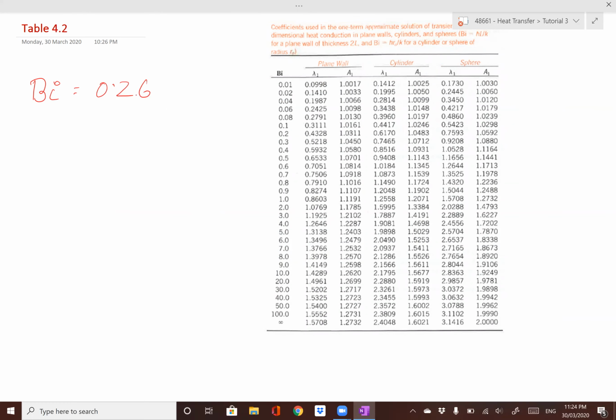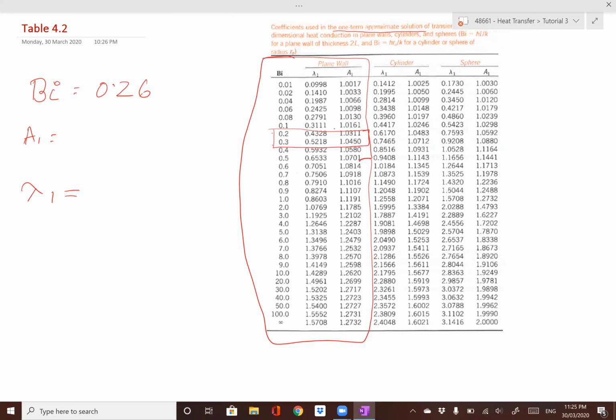For 0.26 we will find out the A1 and lambda 1 values for the one-term approximate solution. Here it is given as 0.2, 0.3, that means in between these two. So first, this one for the wall.